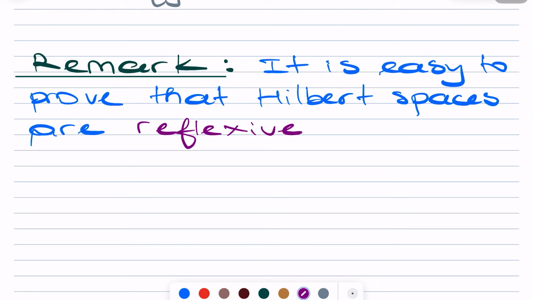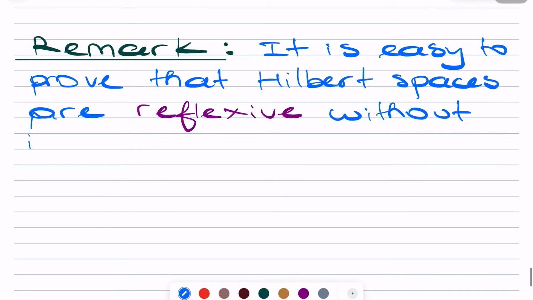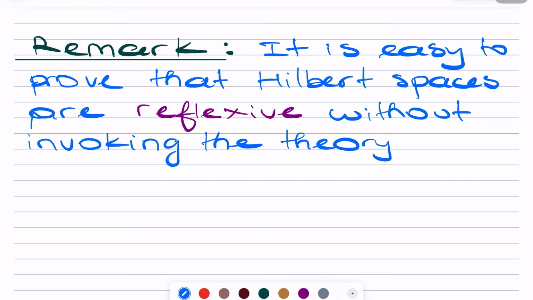It's easy to prove this without invoking the theory of uniformly convex spaces.